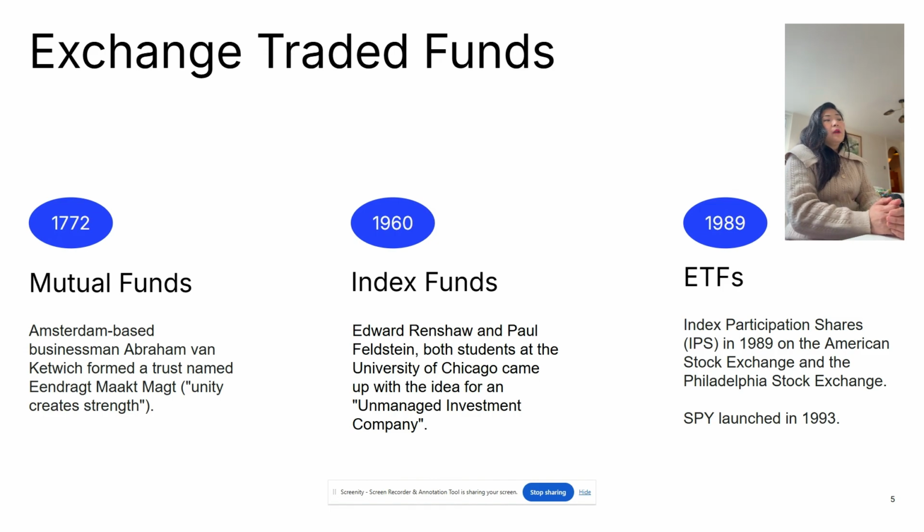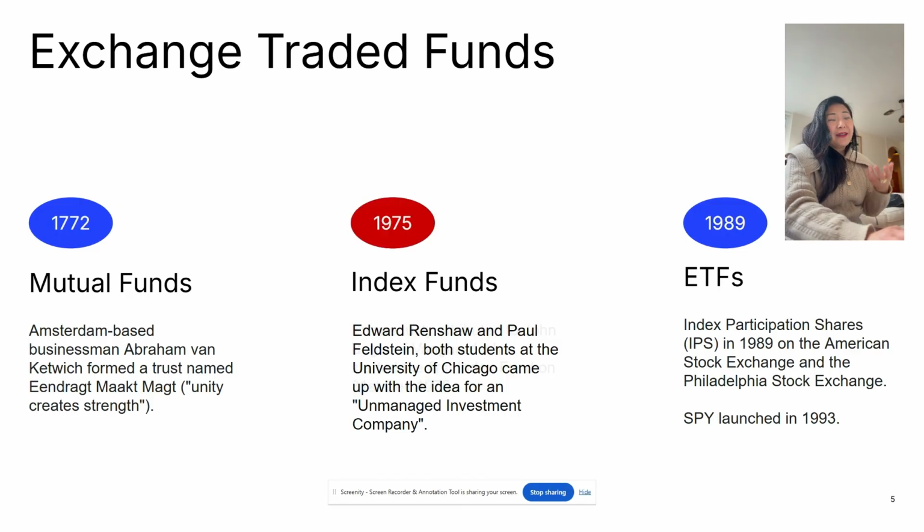So in the 1960s, two students at the University of Chicago came up with the idea of, hey, if active management doesn't outperform passive management, why doesn't somebody come up with a product where they collect money from individual investors and just buy the top 500 companies in the American Stock Exchange? It was pretty much a research paper, they didn't execute it.